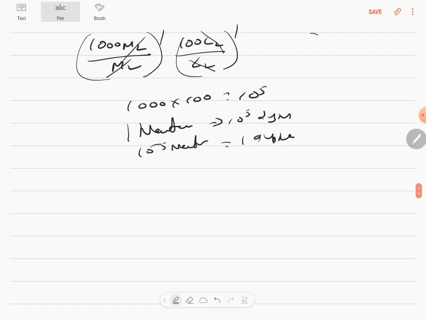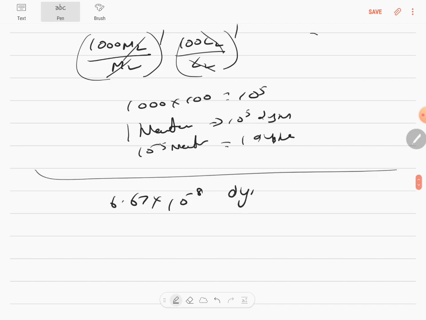Okay, so then next is about, supposing there's a question which is 6.67 into 10 to the power minus 8 dyne centimeter square per gram square.